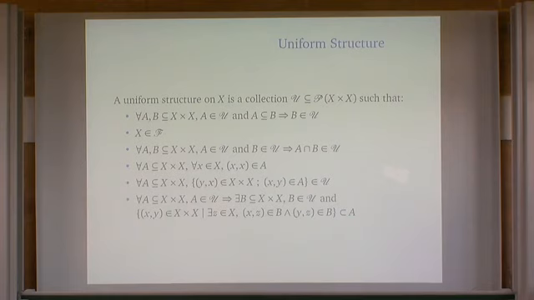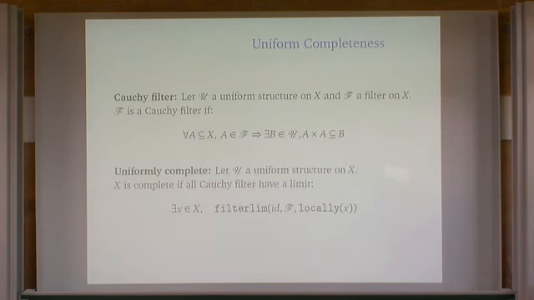In a uniform structure, we can deduce a topology, because taking the projection on points, we have a collection of neighborhoods. And finally, I formalize the notion of Cauchy filter. A set is uniformly complete if all the Cauchy filters admit a limit, which just means that the limit of this filter for the identity function is locally X.